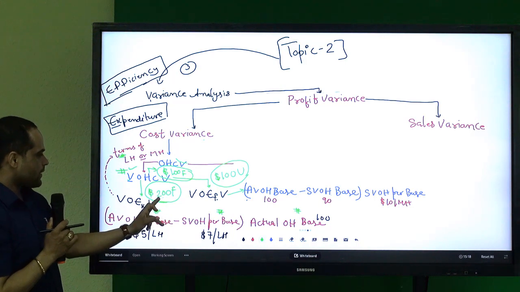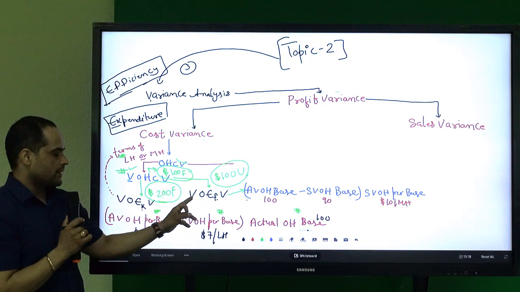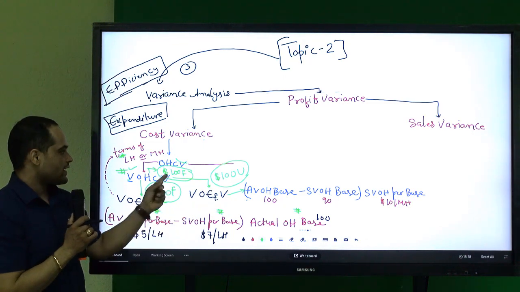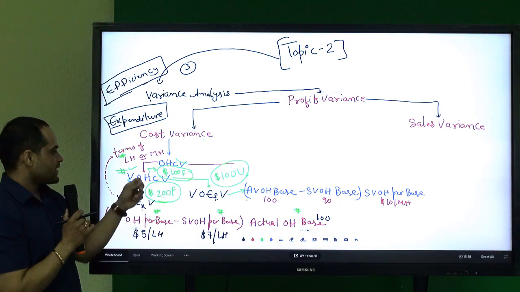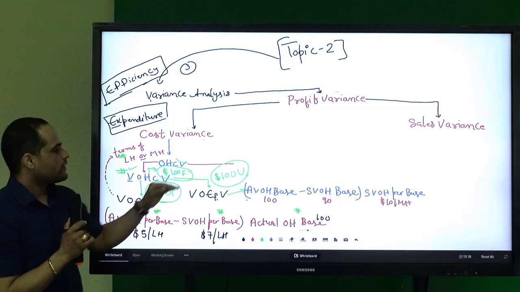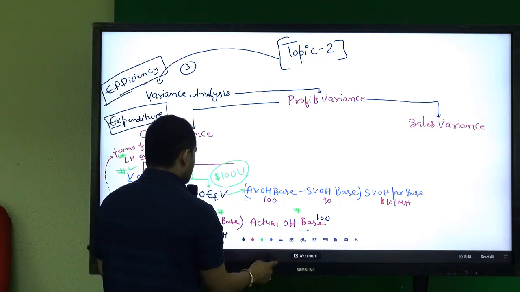Because of this number which comes from variable overhead expenditure variance, and this number which comes from variable overhead efficiency variance. So a 100 favorable variance is my variable overhead variance. Right? So let's move on to the fixed overheads.